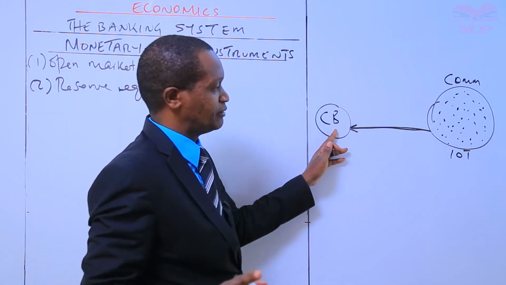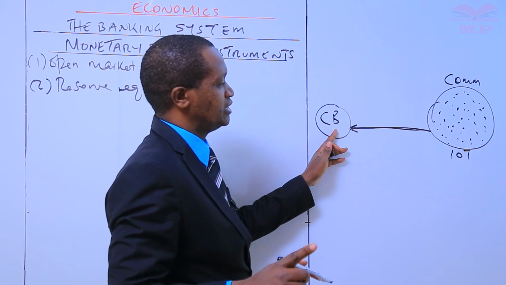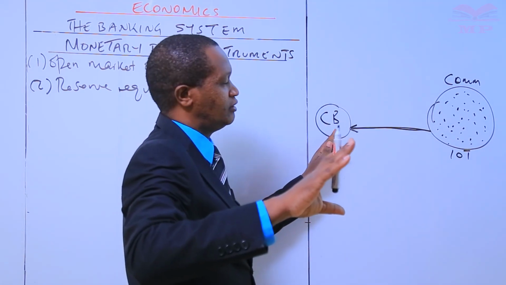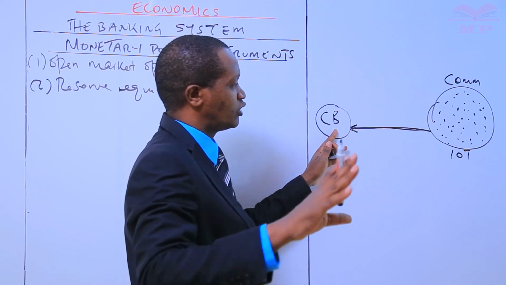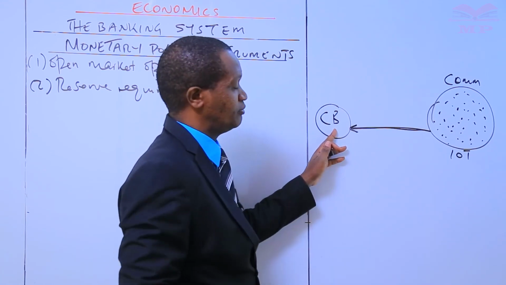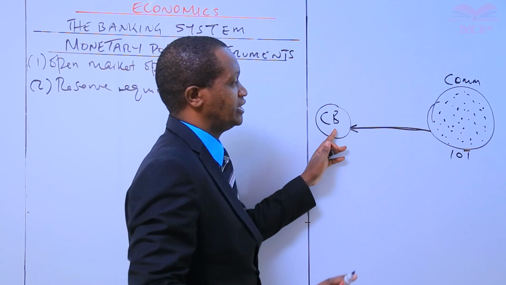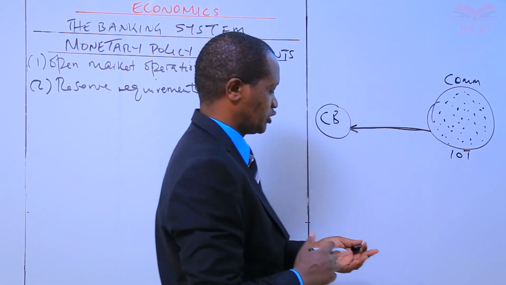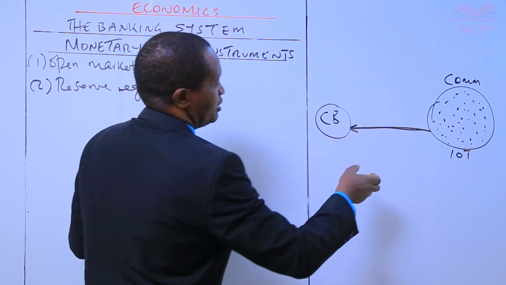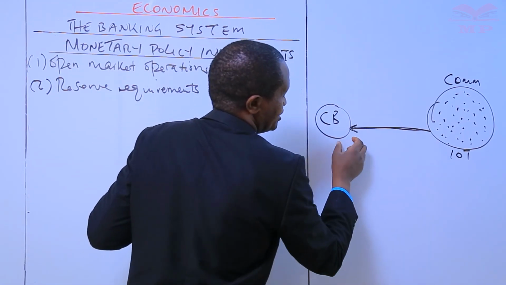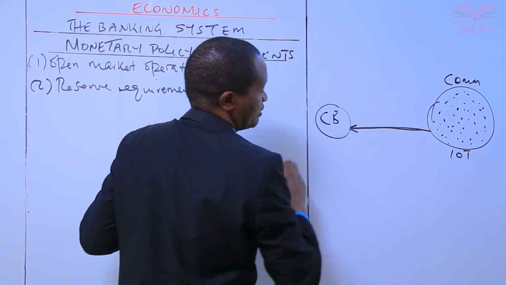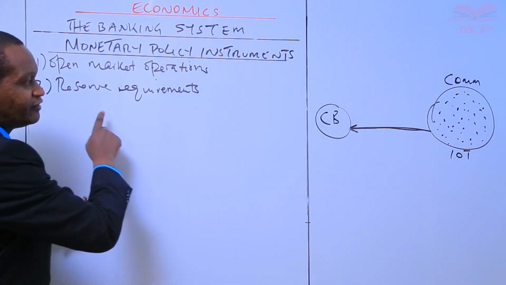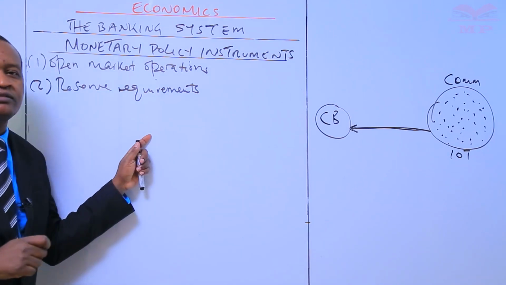Because remember, monetary policy is the role of the central bank to come up with policy so that there is no excess money in circulation. So some of this money can be held as reserves at the central bank. Reserve requirement.